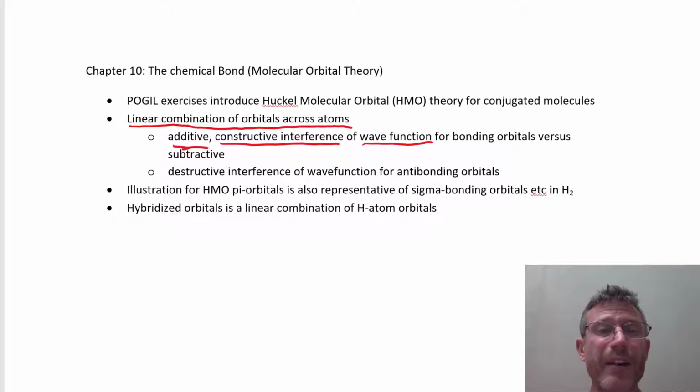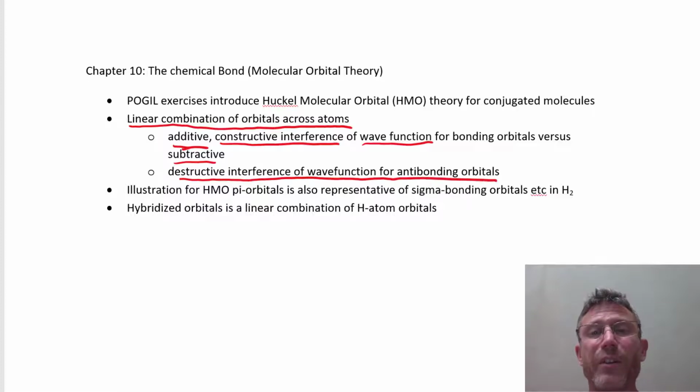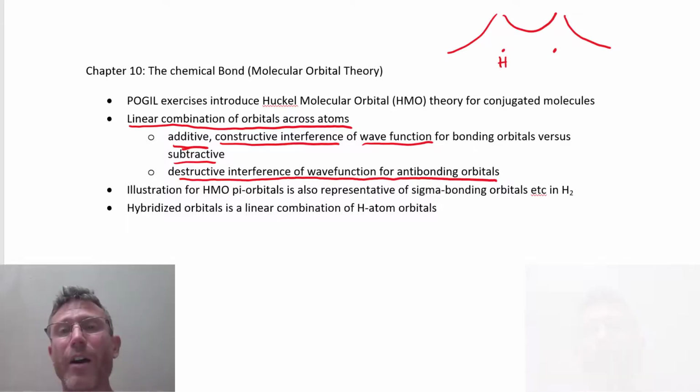Subtractive, they should say, subtractive or destructive interference of the wave function leads to something called antibonding orbitals. So constructive interference leads to sort of more energy or more electron density between the two hydrogen atoms, sort of in this region here.